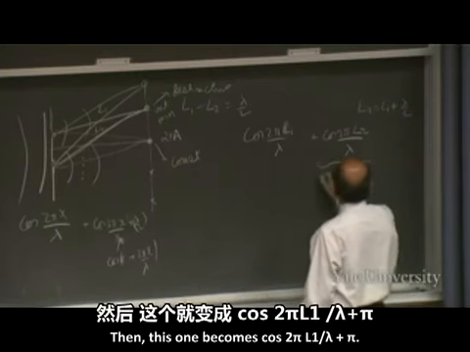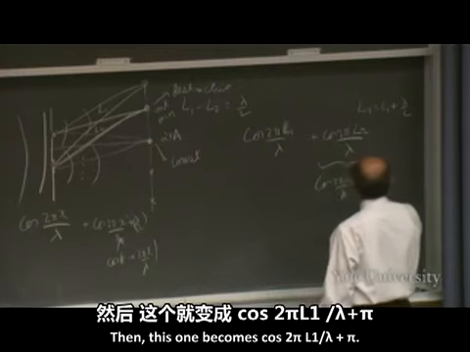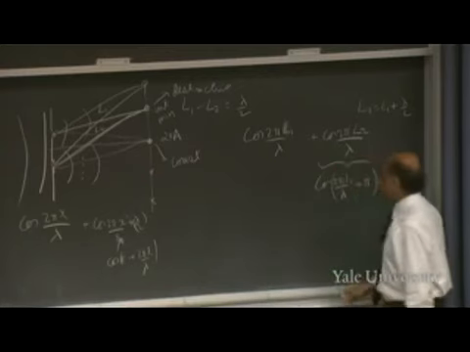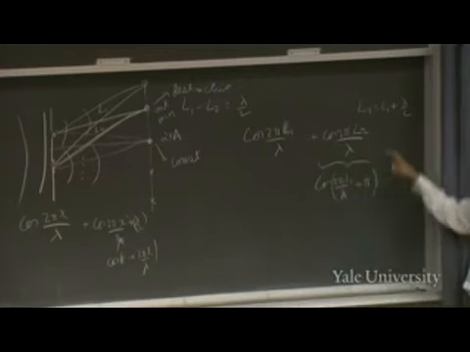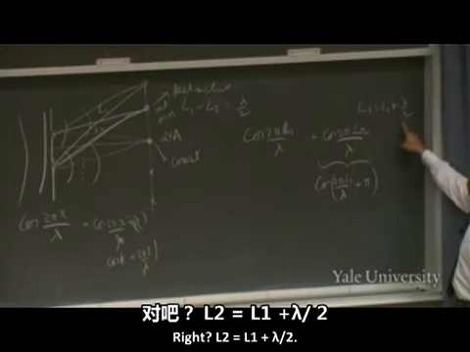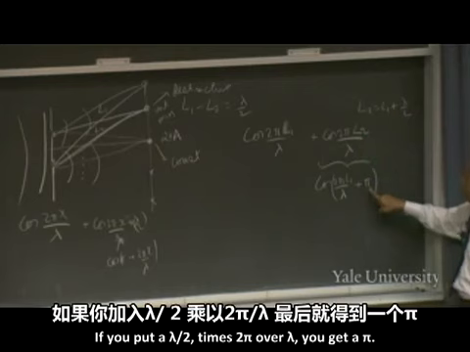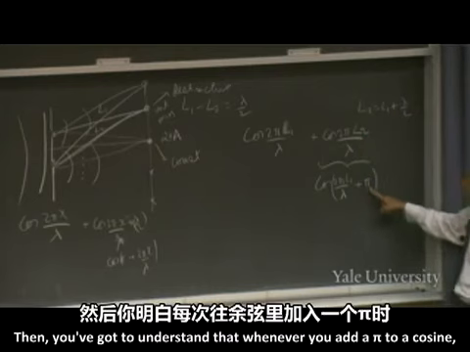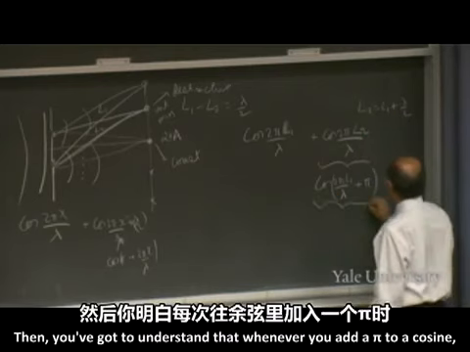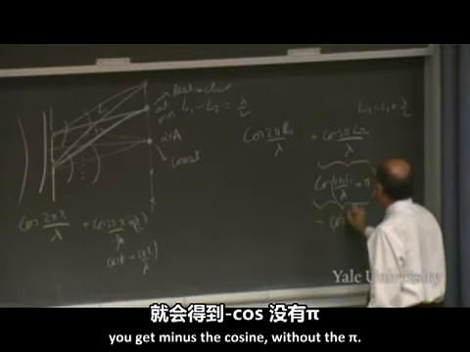Then this one becomes cosine 2 pi L1 over lambda plus pi. Right? L2 is L1 plus lambda over 2. If you put a lambda over 2 times 2 pi over lambda, you get a pi. Then you got to understand that whenever you add a pi to a cosine, you get minus the cosine without the pi.